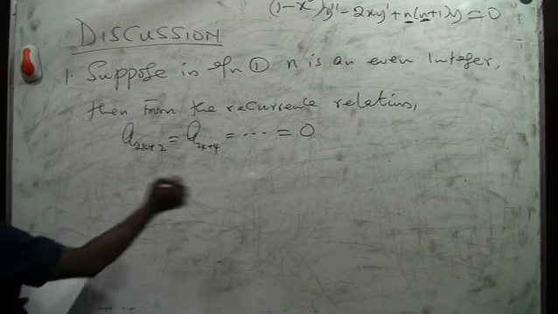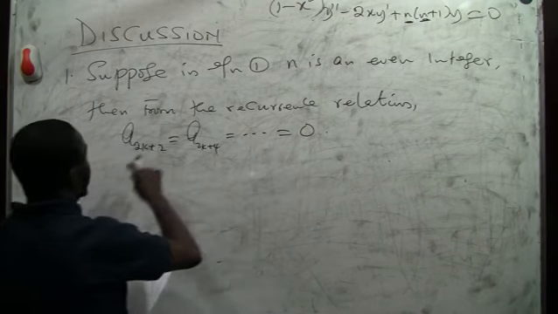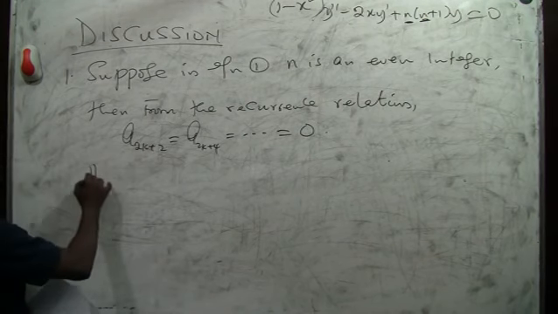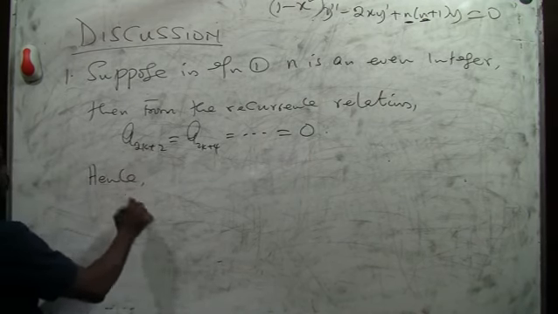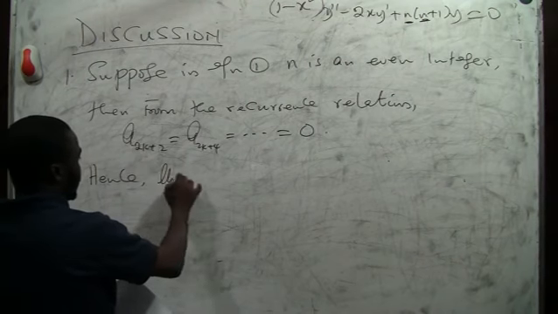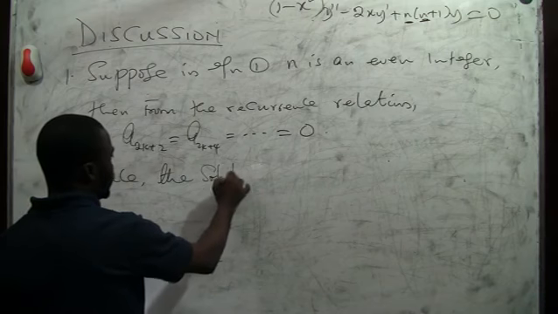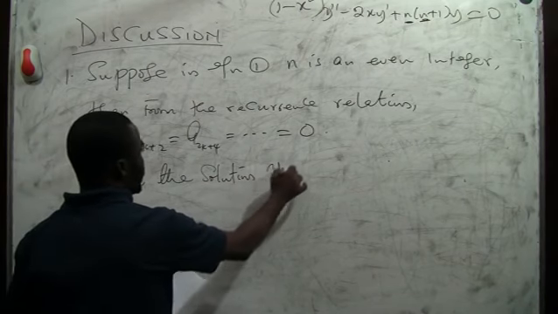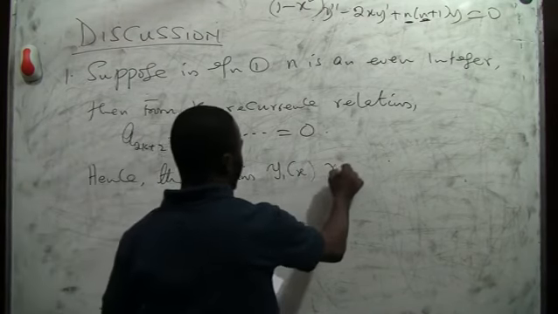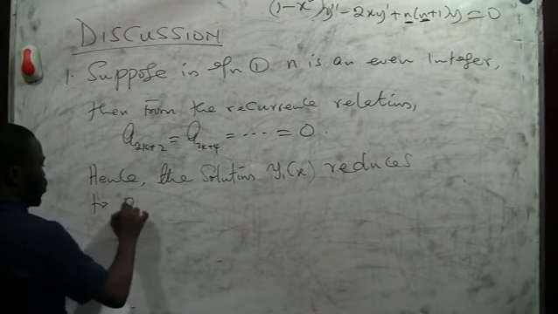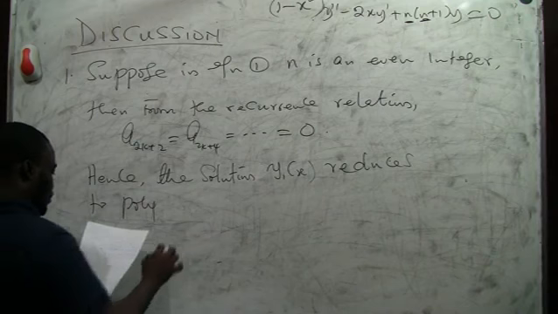So, if this one becomes 0, then what is the implication? Hence, the solution y1 of x reduces to a polynomial of degree n.